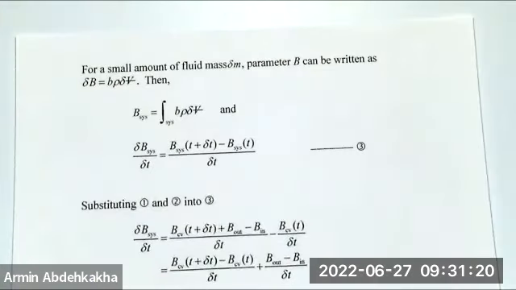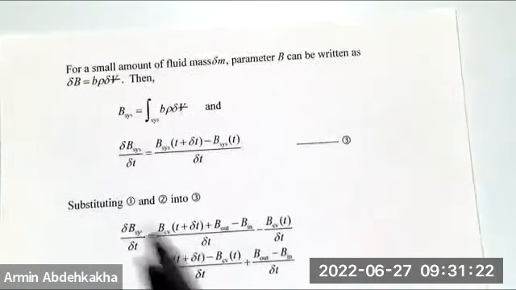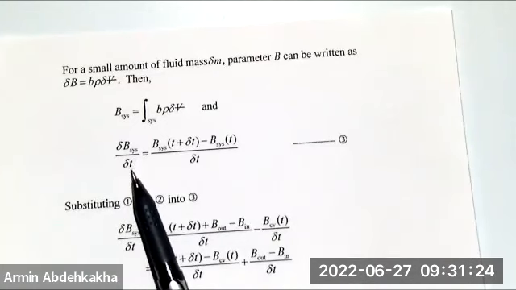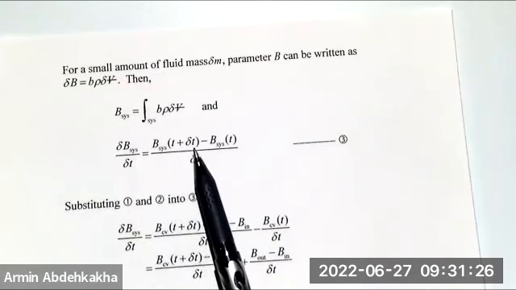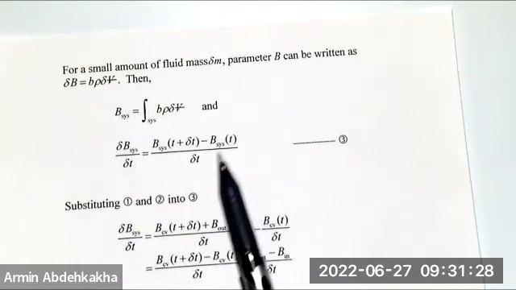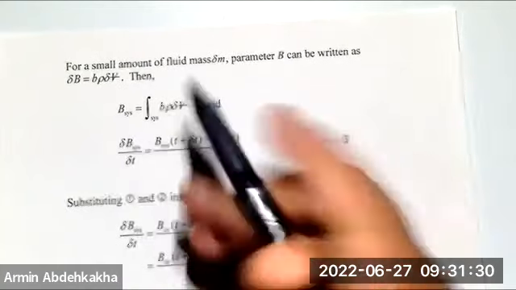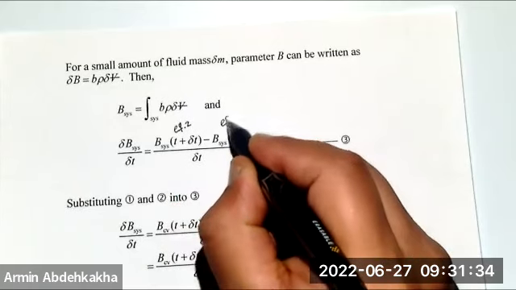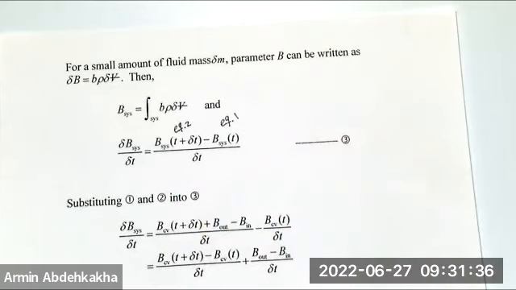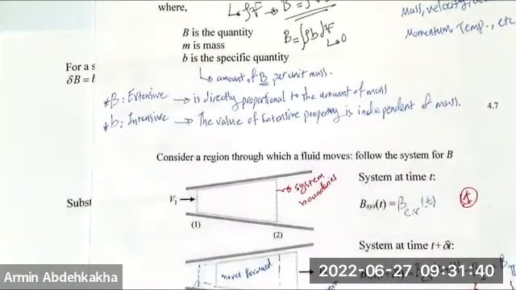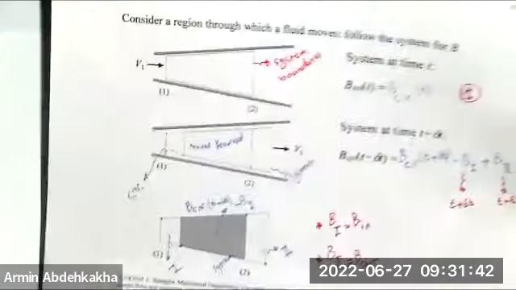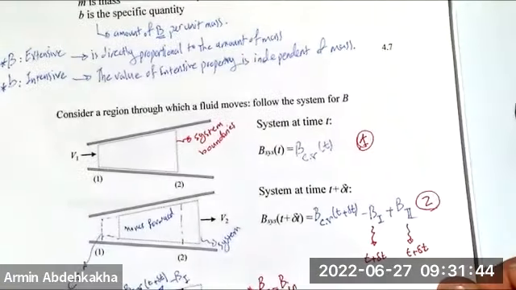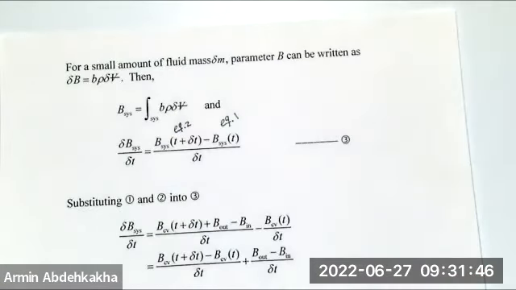Exactly as written here. So this is your equation 2, and this is our equation 1. If we want to replace, then what do we have to replace? Equation 2 and equation 1 are here.